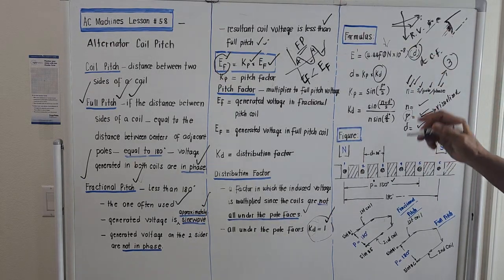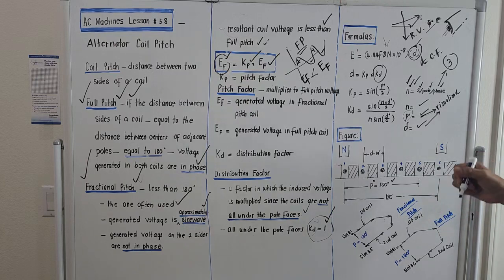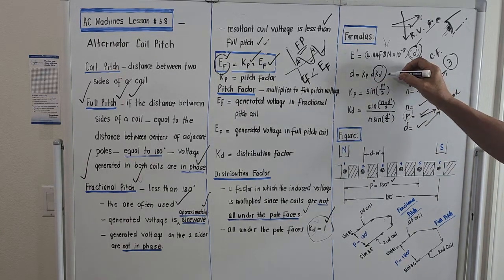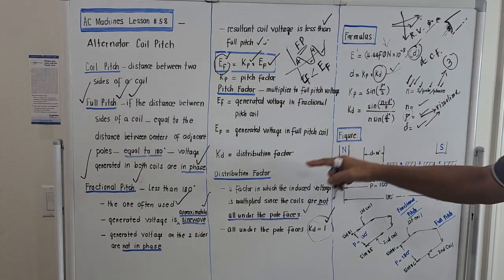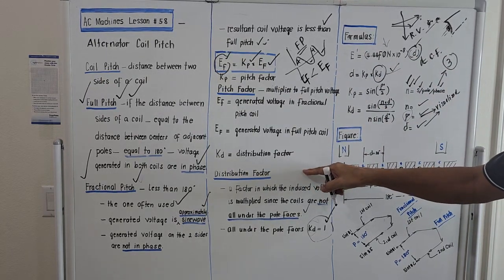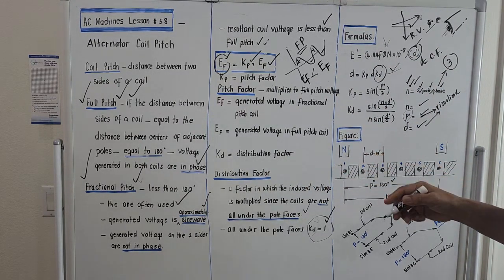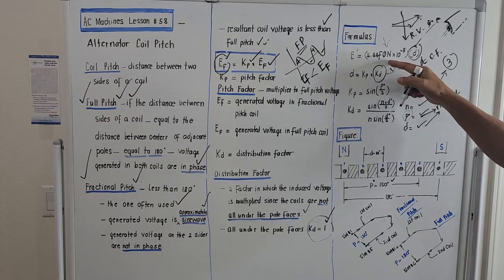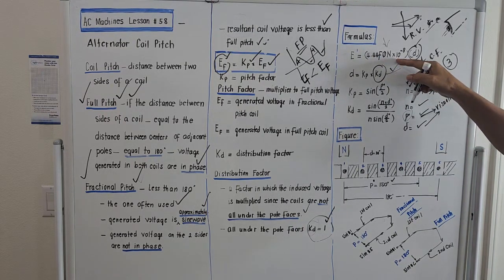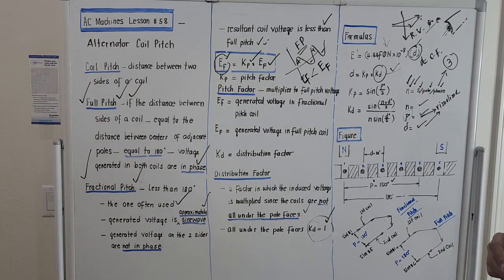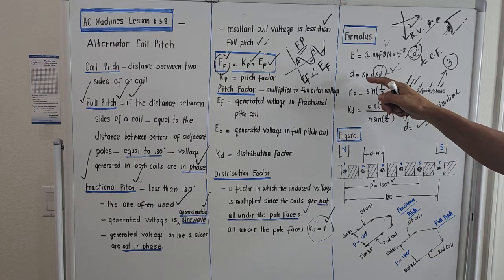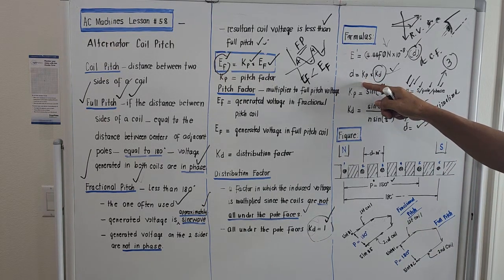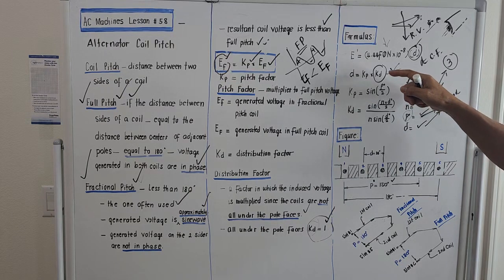And this distribution factor is actually the product of K sub P and K sub D. And this is K sub D, the one we are discussing. Right? So actually there is a correction. This is the theoretical value. But in real life, it should be multiplied by the pitch factor and the so-called distribution factor.